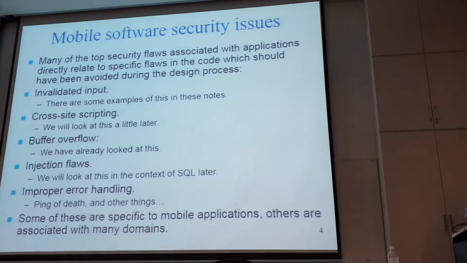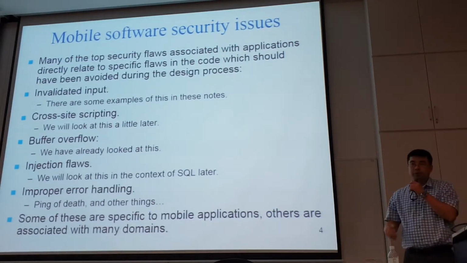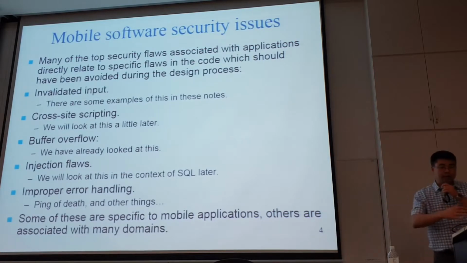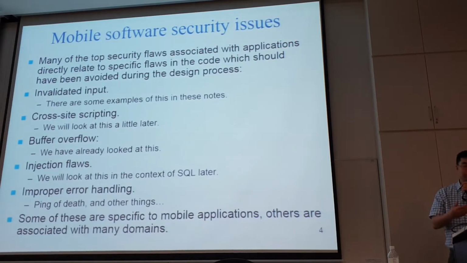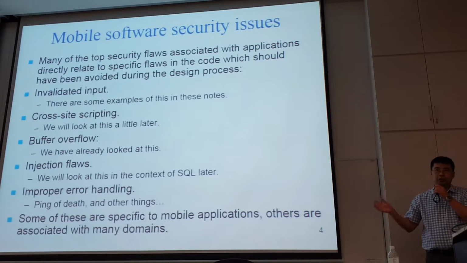So mobile code is basically, for example, all the code that can be executed using a browser. Most of them are mobile code, like HTML, JavaScript, VBScript, and so on. So we have client-side scripting languages. These are all mobile code. On the other hand, we also have server-side scripting languages, like PHP, CGI, and so on.